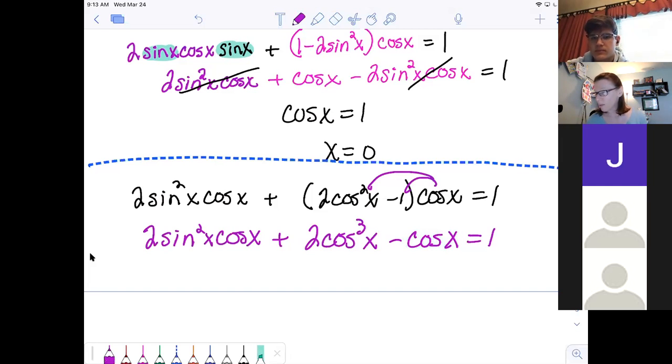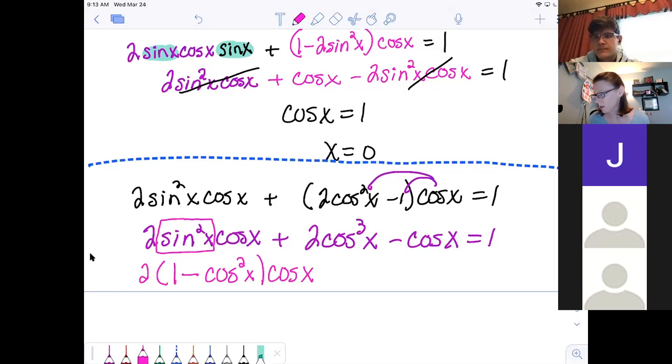So if you started the problem this way, what Peter did, I do want to show you how this works out. Peter, there's a sine squared in the front here. Everything else has cosine in it. How could you change sine squared? Would you make that 1 minus cosine squared? Yeah, so if we make this 1 minus cosine squared, still times cosine, plus 2 cosine cubed minus cosine.